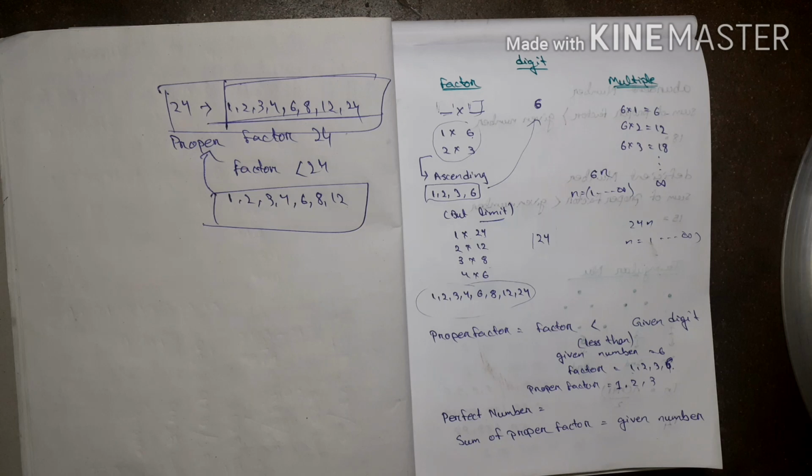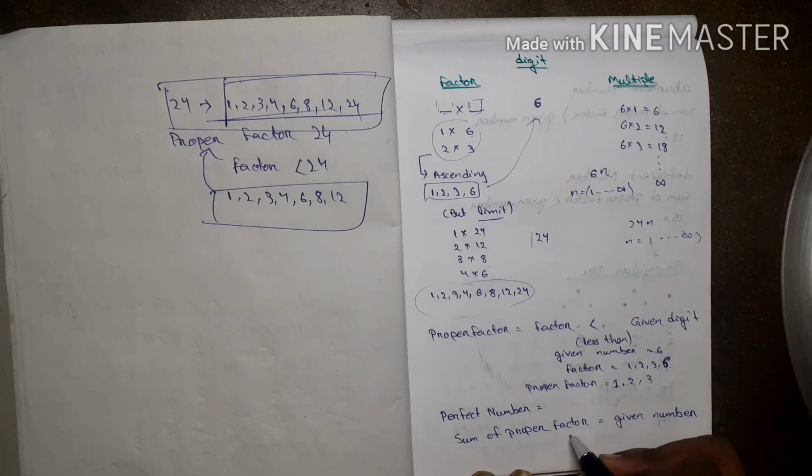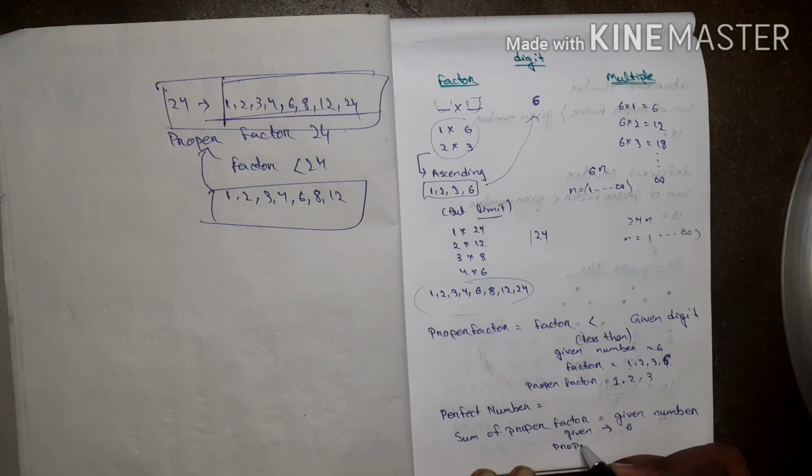Then go for perfect number. Perfect number means the sum of proper factors is equal to the given number. Let's see, the given number is 6. Proper factors of 6: 1, 2, 3.